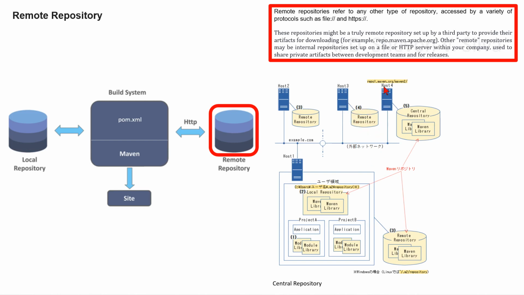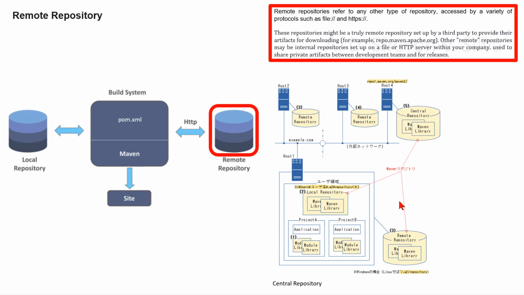Here host 1 interacts with host 4. Here the repo.maven.apache.org/maven2. Host 4, this one for Maven 2, interacts with the central repository, and it has Maven libraries here.